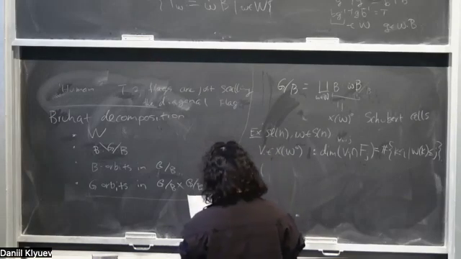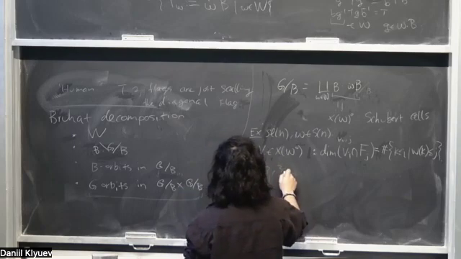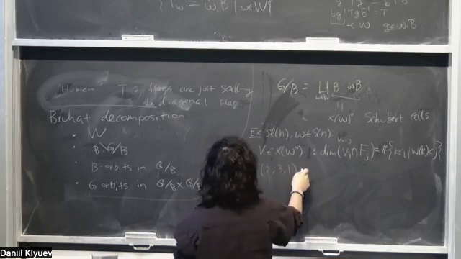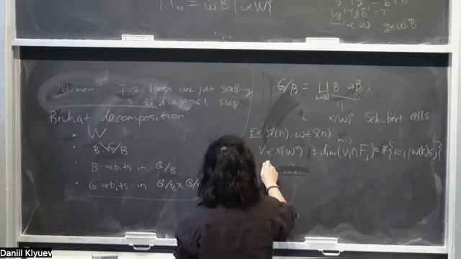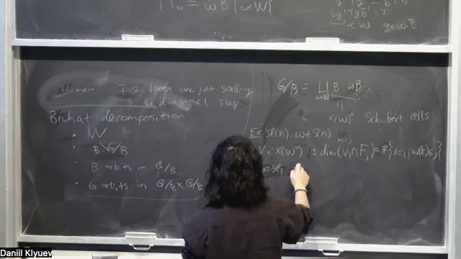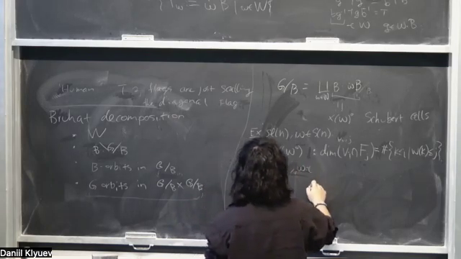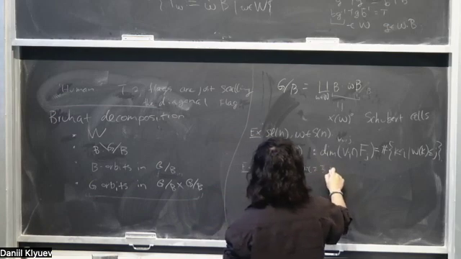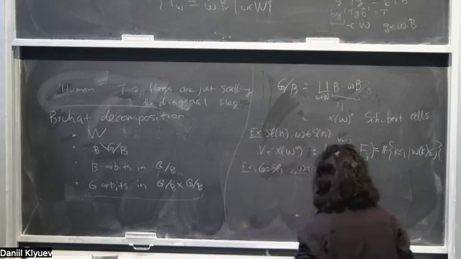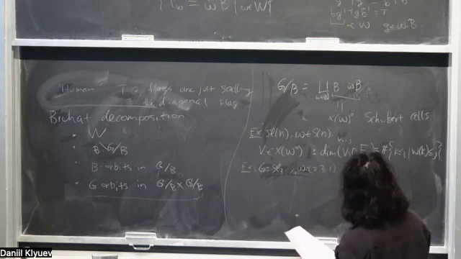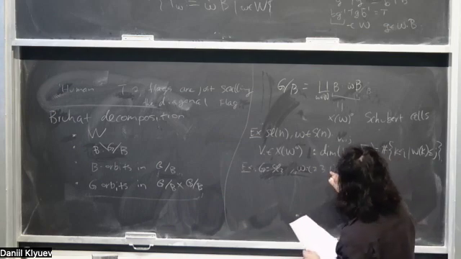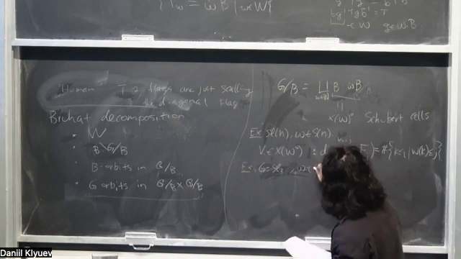Let's take G equals SL3 and omega equals 2, 3, 1. Or 1, 2, 3, I guess. Yeah, it's the same thing.